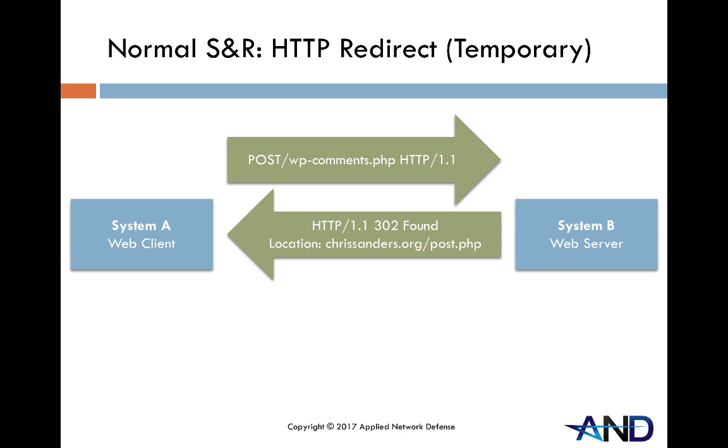So it's going to respond with a 302 found, which is considered to be a temporary redirect, and provide the location field, in this case chrissanders.org/post.php. At which point, System A will go ahead and request post.php. It'll make a GET request to post.php, since that's what it's being redirected to. So we're moving from a post request method to a GET request method because that 302 response was interjected there.